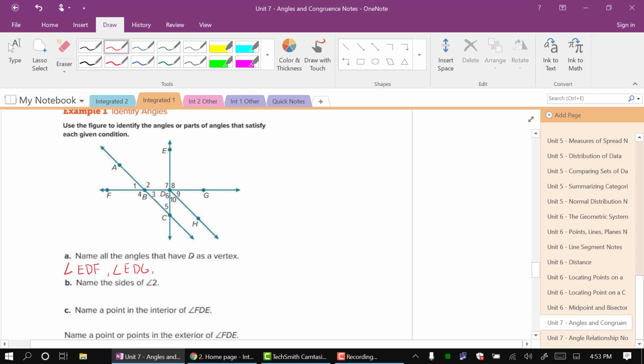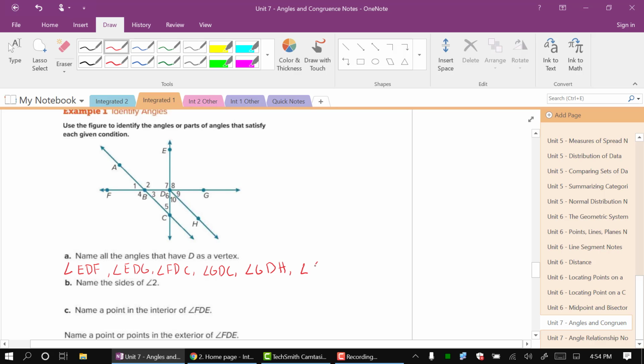Then we would have angle FDC, angle GDC, and angle GDH. Again, the vertex is always going to be your middle letter.